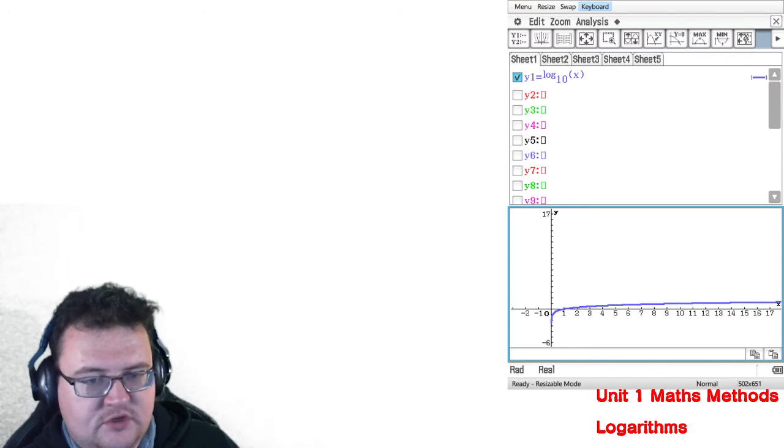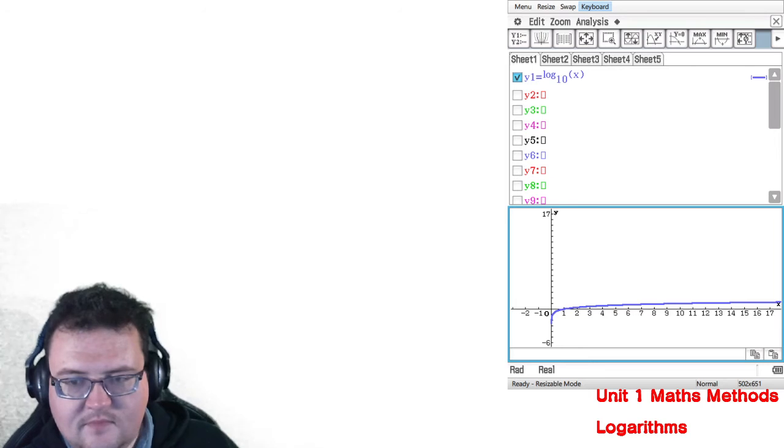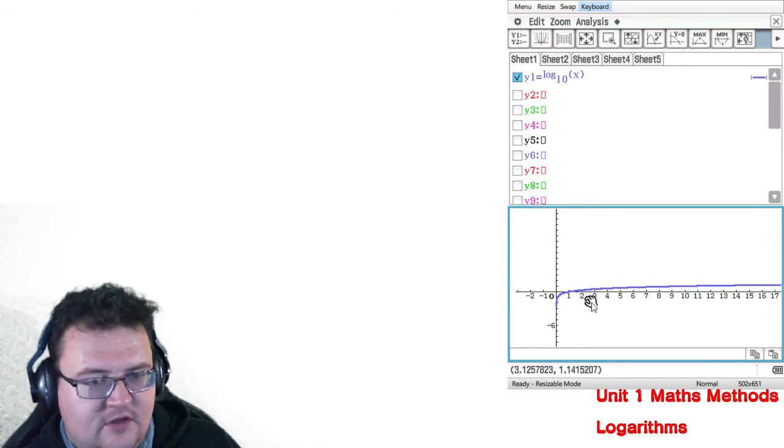And the graph looks like this, which is what we've got. So we can have a look here and see this graph.